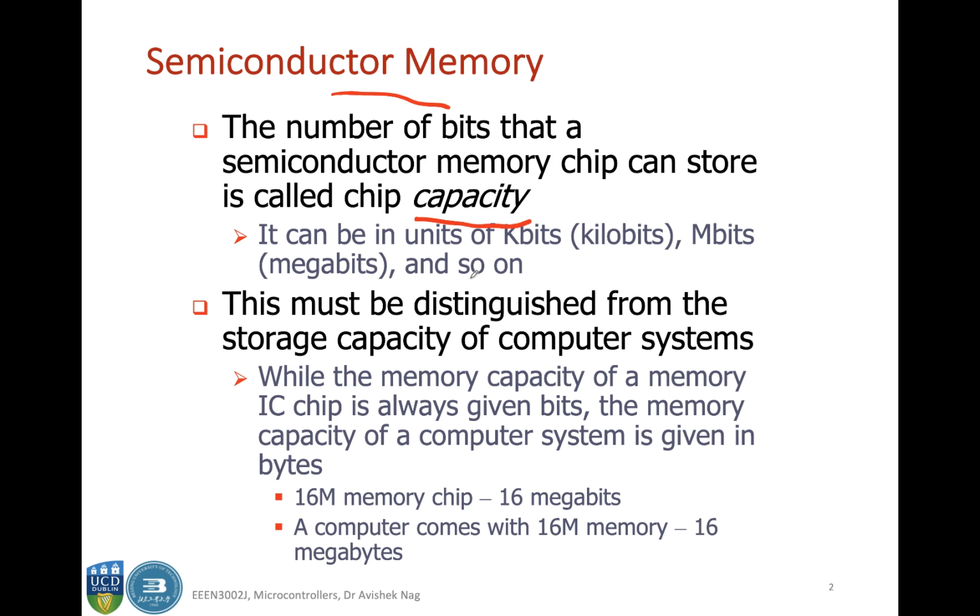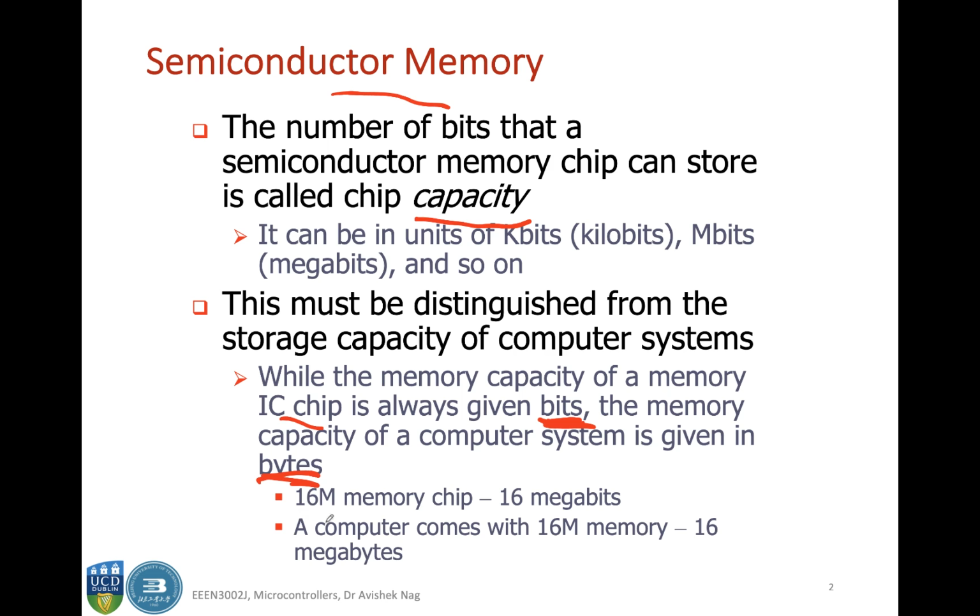It can be in units of kilobits or megabits or sometimes gigabits, depending on how large the memory is. This must be distinguished from the storage capacity of computer systems. While the memory capacity of a memory chip is always given in bits, the memory capacity of a computer system is given in bytes.